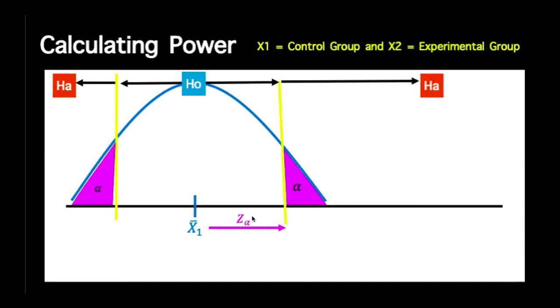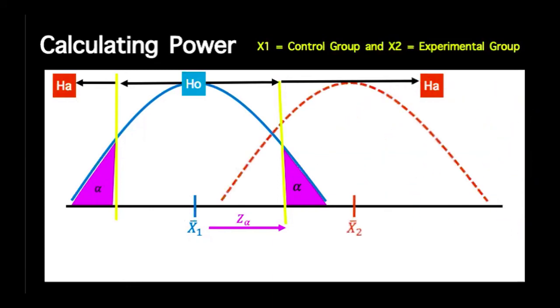So if we're using a 95% level of confidence, that's associated with a total alpha of 0.05, and in each of these tails, it would be 0.025. So the Z-score associated with a 95% level of confidence for a two-tailed test is 1.96. That was given in your notes, so you can always refer back to those values. But there is a certain Z-score associated with the distance from this sample mean to where the region of rejection would exist.